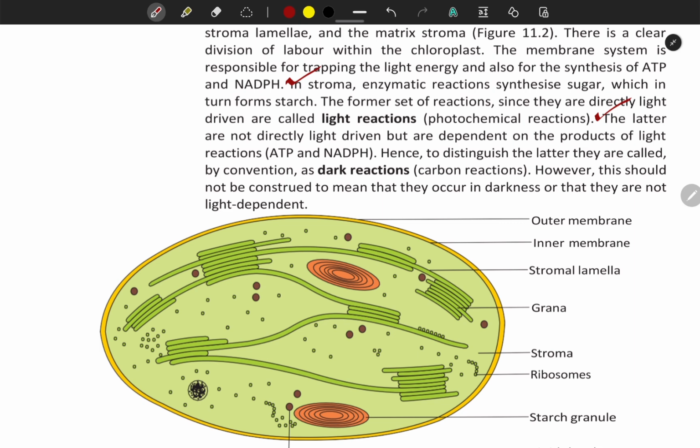The latter are not directly light driven but are dependent on the products of light reactions, that is ATP and NADPH. Hence, to distinguish the latter, they are called by convention dark reactions, that is carbon reactions. However, this should not be construed to mean that they occur in darkness or that they are not light dependent.